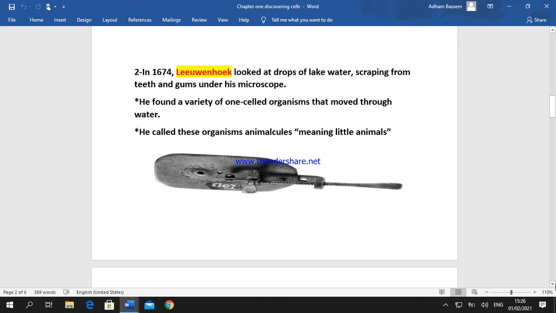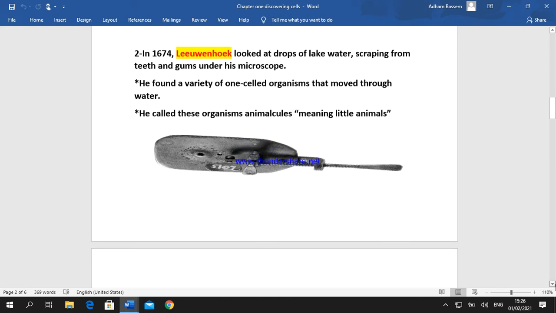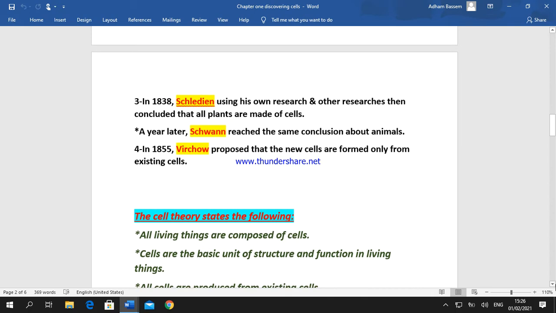One-celled organisms are organisms whose bodies consist of one cell, and this cell performs all the functions. They moved through water, and he called them animalcules, meaning little animals.